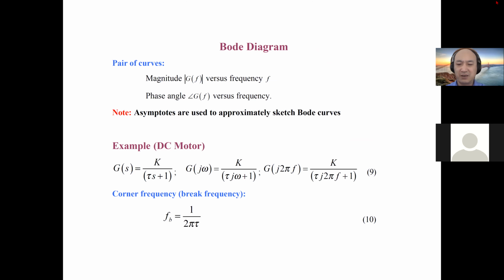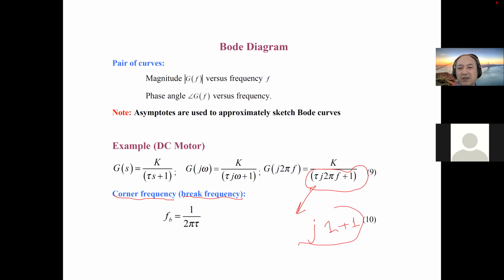This is a Bode plot. You know it. We're talking about corner frequency, or cutoff frequency, or break frequency. It is interesting whenever you see a gain crossover, corner frequency here. If you put omega B in here, this one will give you j1 plus 1, remember.